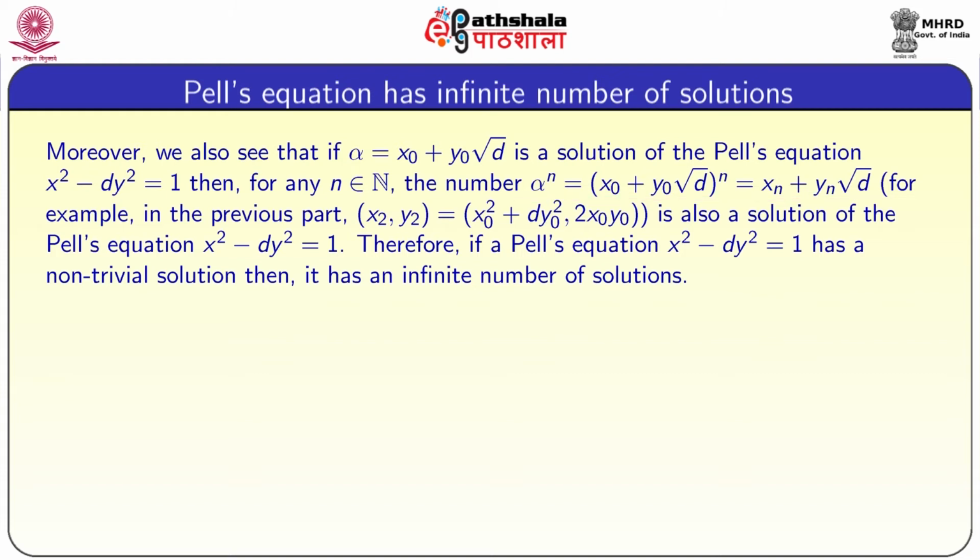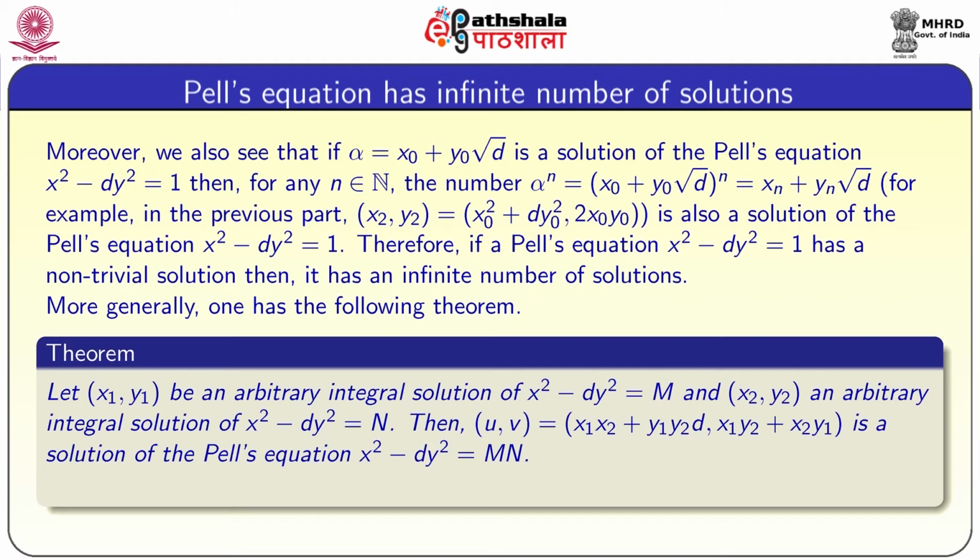For example, in the previous part, (x2, y2) is equal to (x naught square plus dy naught square, 2 x naught y naught), which is also a solution of the Pell's equation. That means, if alpha is a solution, then alpha power n is also a solution. Therefore, if Pell's equation x square minus dy square equal to 1 has a non-trivial solution, then it has an infinite number of solutions.